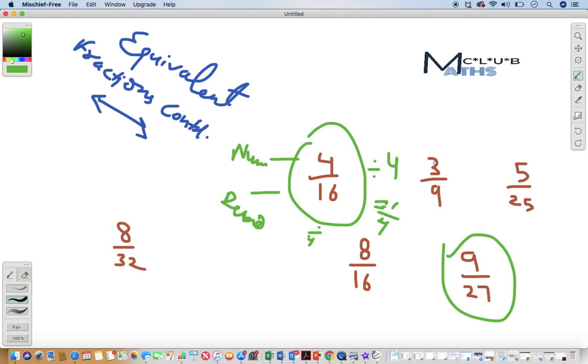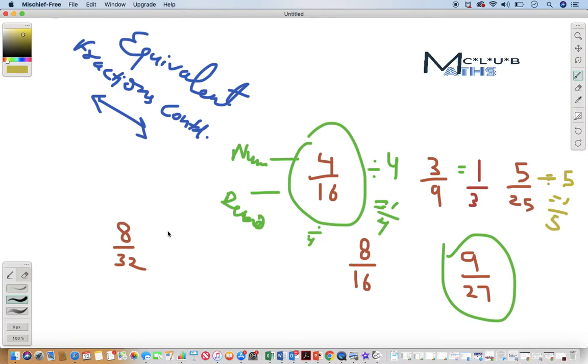Similarly, in 3 by 9, if I divide this by 3, it will come as 1 by 3. Again, for 5 by 25, if I divide it by 5, it will come out to be 1 by 5.